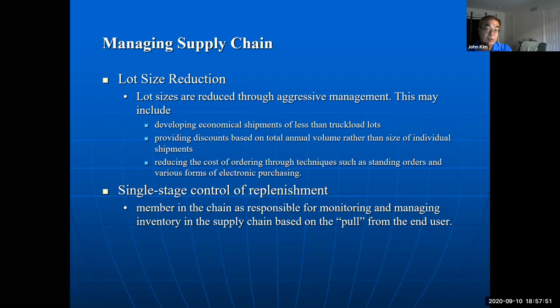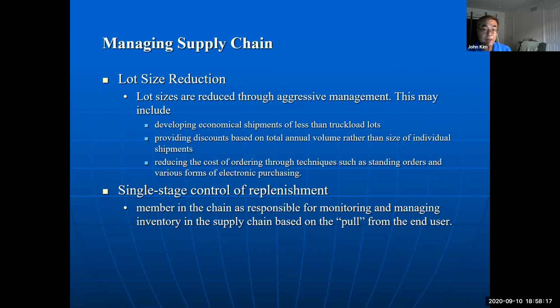So the end user or a store manages that inventory, and when the inventory level is low, it automatically places an order. Earlier we called that POS, point of sales.